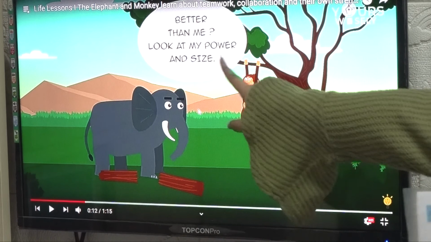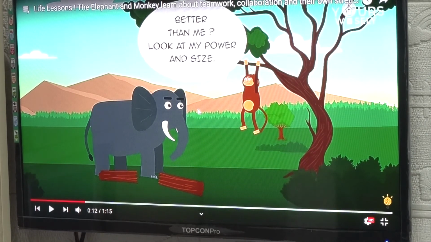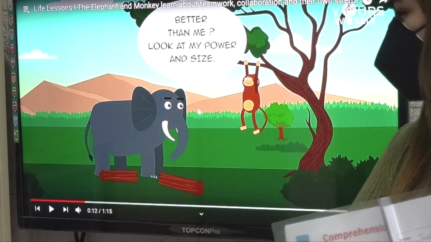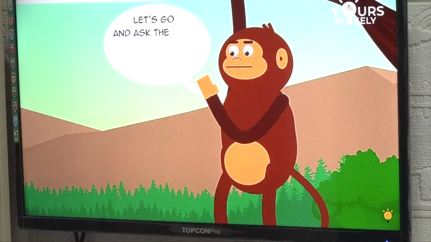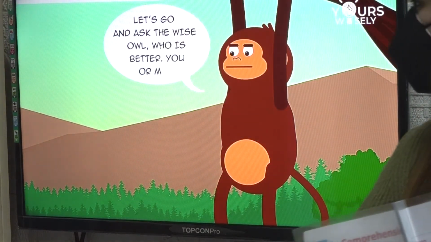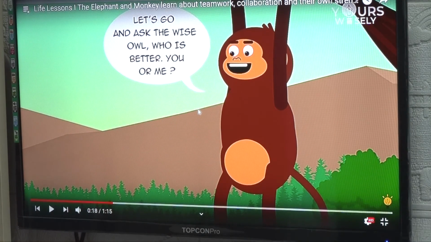Look at my agility and flexibility. I am much better than you. Better than me? Look at my power and size. Let's go and ask the wise owl, who is better, you or me? Hello.